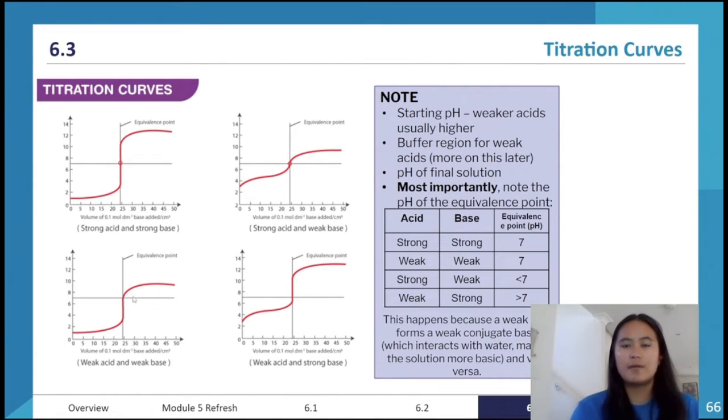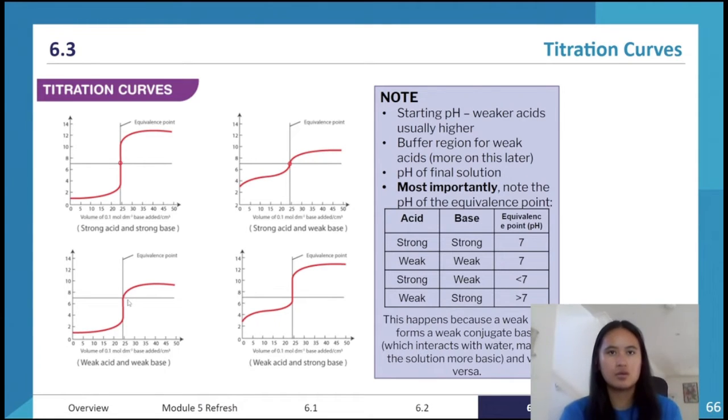If we look at our weak acid and weak base, we have this kind of shape where, since it's weak and weak, the equivalence still occurs at a pH of 7, but the final pH that it gets to is much lower.